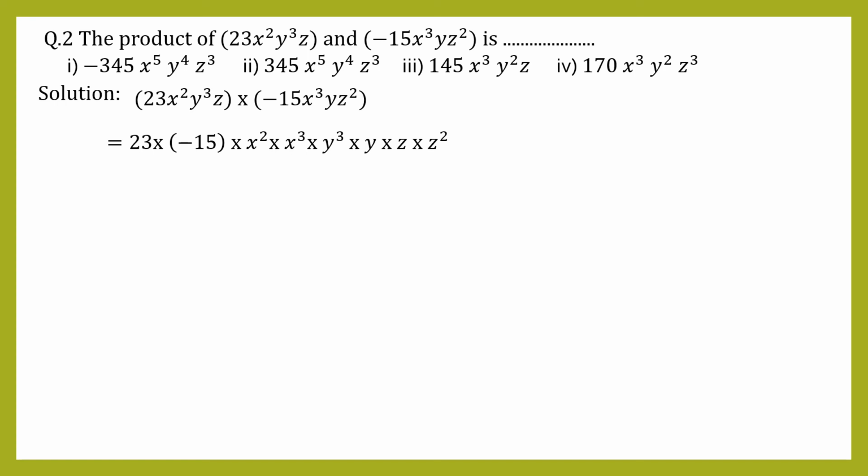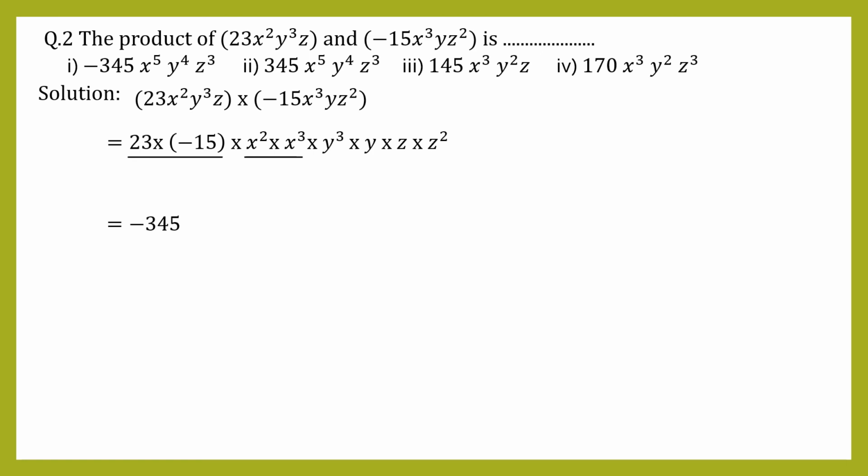Now first we will multiply 23 into minus 15. So as you can see, one number is positive and another number is negative. So the product will be negative. It's minus 345. Now next we will multiply x squared into x cubed.